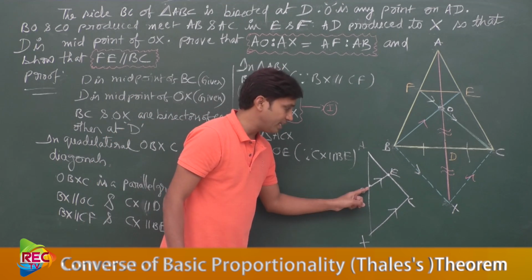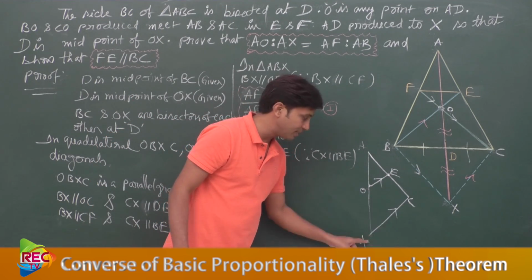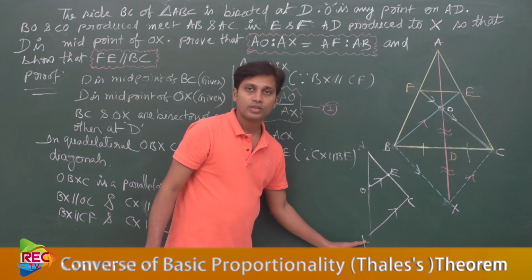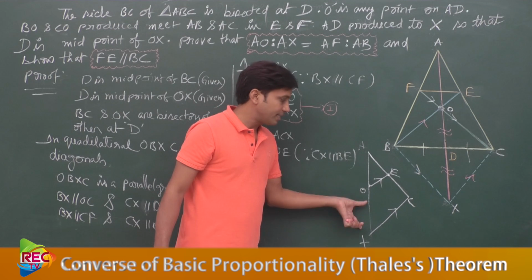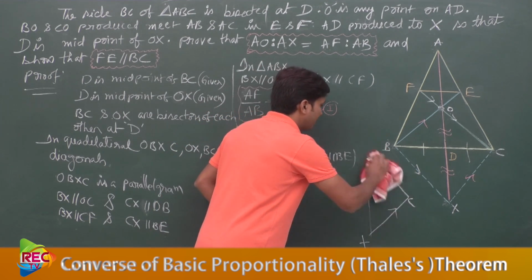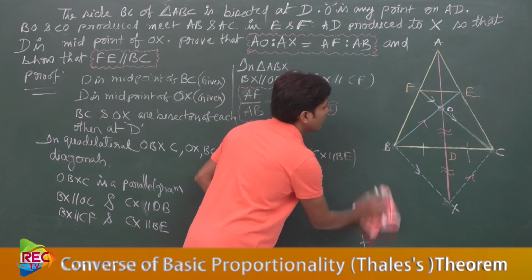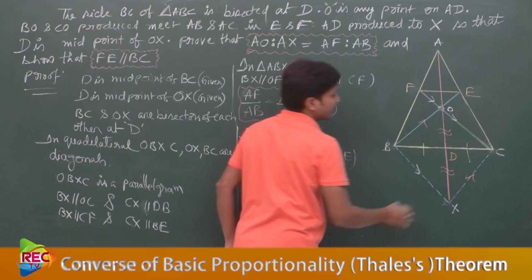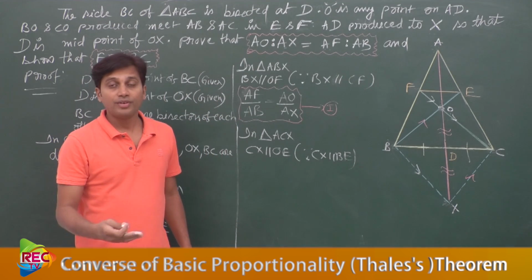Because here OE is a line drawn parallel to one of the sides, which is CX, and intersecting AC and AX. So it will divide the two sides proportionately, in equal proportion. So therefore we can write, what can we write here? AO by AX. We are applying the corollary of Thales theorem.